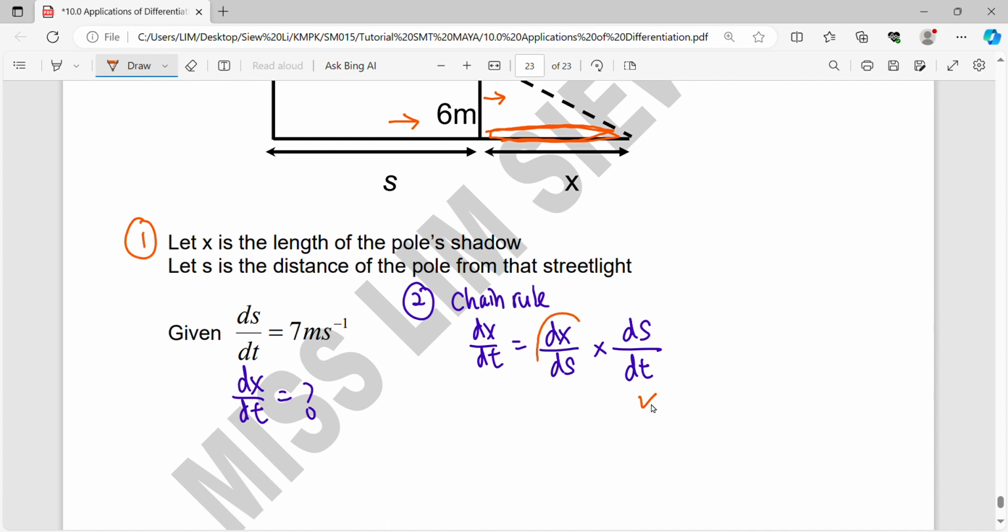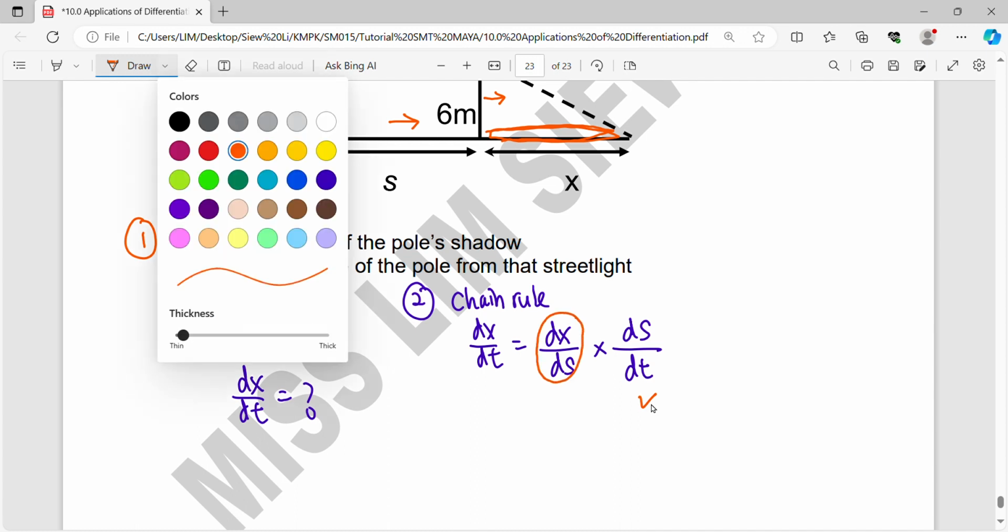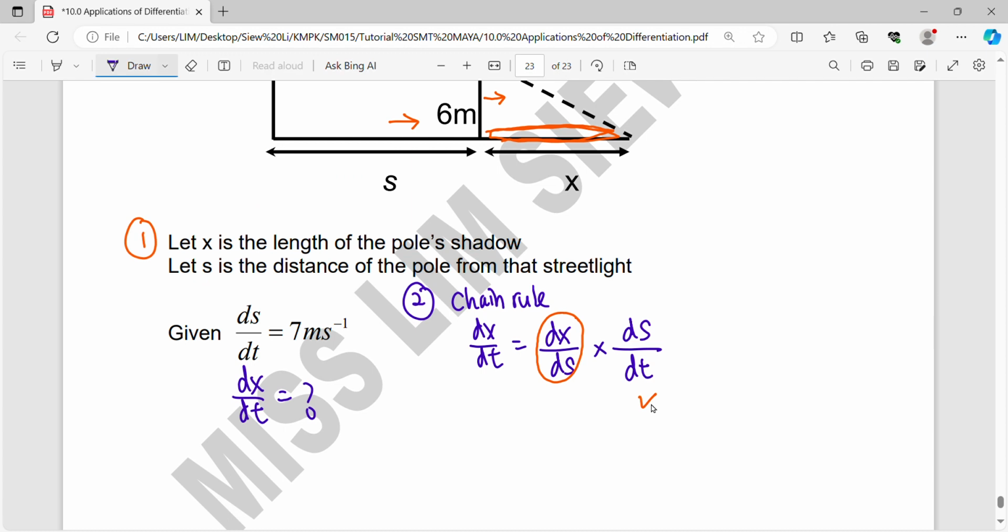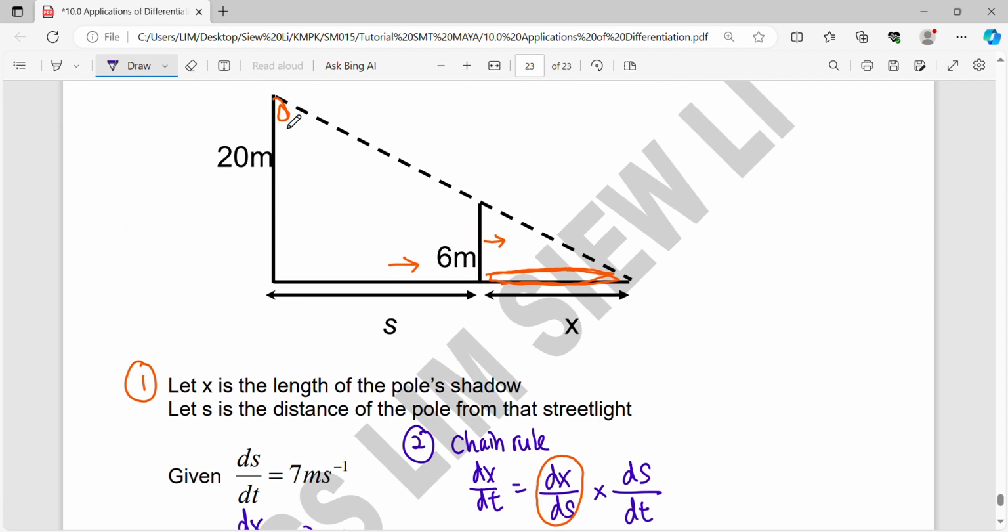So our next step is finding the equation involving the variables x and s. What kind of information can we form from the situation here? You can see you have two triangles.